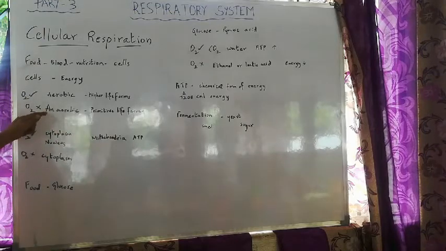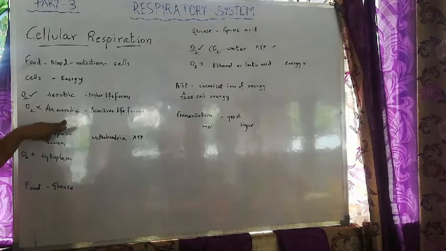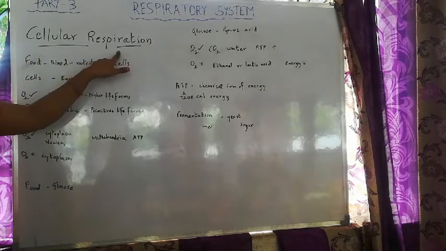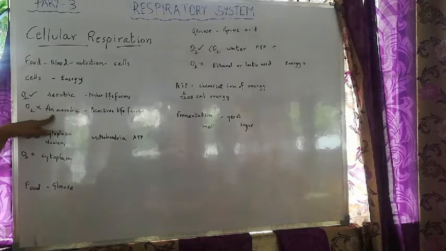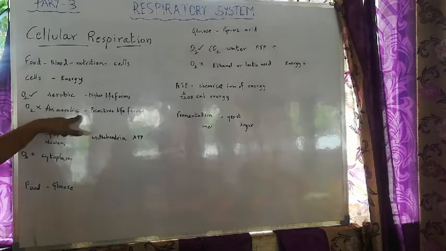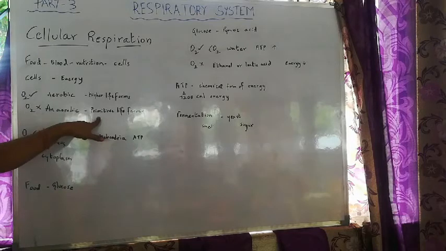Okay. Now there is another type of cellular respiration which happens in the absence of oxygen. When oxygen is not available, then also something happens called anaerobic respiration. So this is seen in primitive life forms, bacteria, certain fungi.